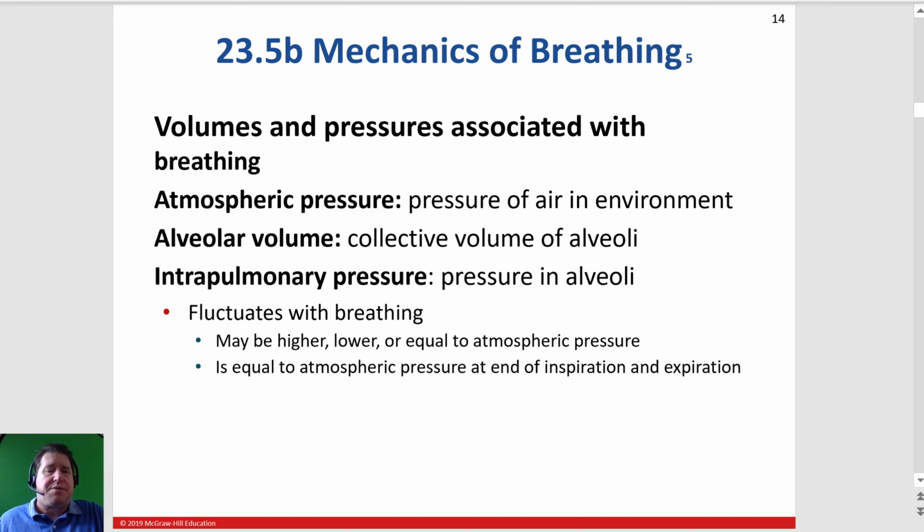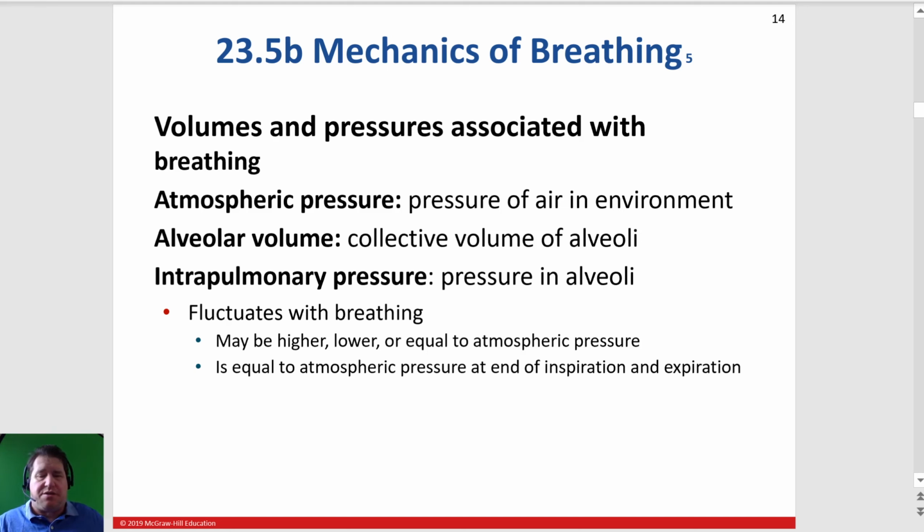So this has a lot to do with other things too: atmospheric pressure, alveolar volume, intrapulmonary pressure. There are several pressures throughout the respiratory system. It's through the dead space, the anatomic space, right? And it's also in and out of the respiratory space, where the gases are being exchanged and active respiration is occurring.